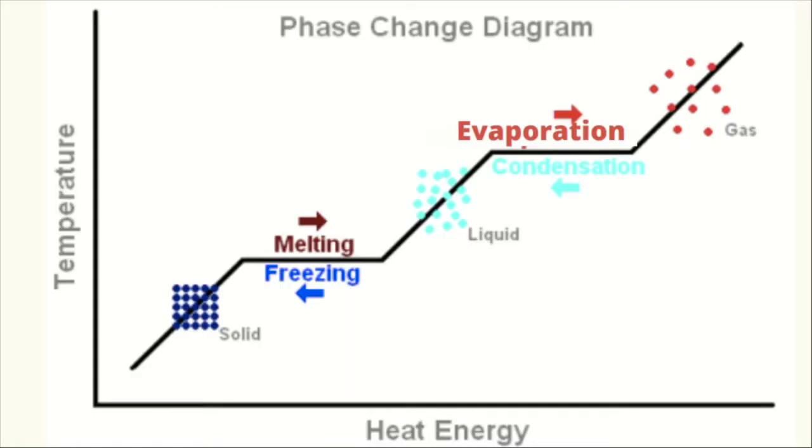So before we start cooking with our knowledge about phase changes, let's look at this graph very quickly together. This graph just shows that when heat energy and temperature increase, we go from solid to a liquid to a gas with different materials.